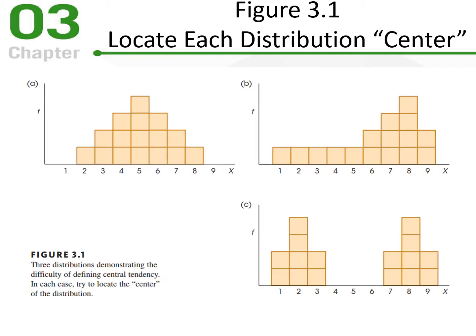So here is just a graphical representation of the measure of center, right? So where do you want to really draw the middle point, or what's the best representation of the middle of the distribution in each of these 3 examples? So if you look at example A here, you have a symmetrical distribution.